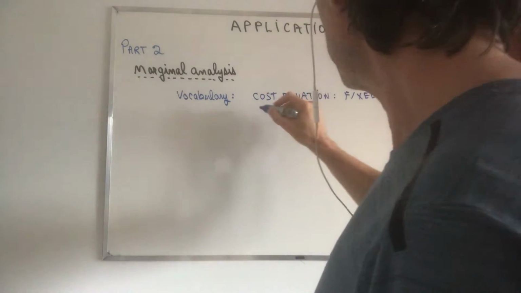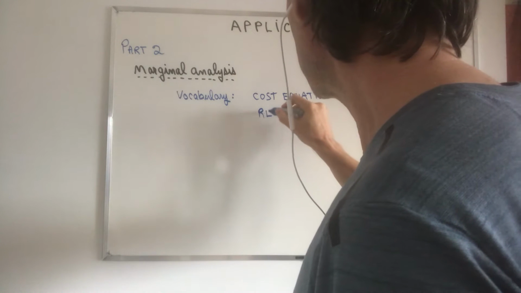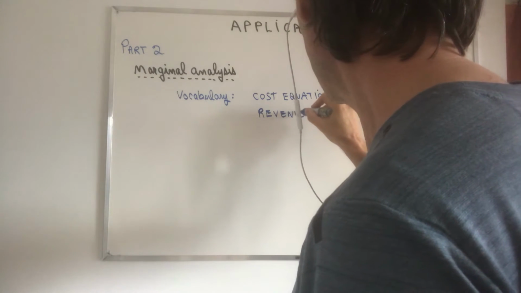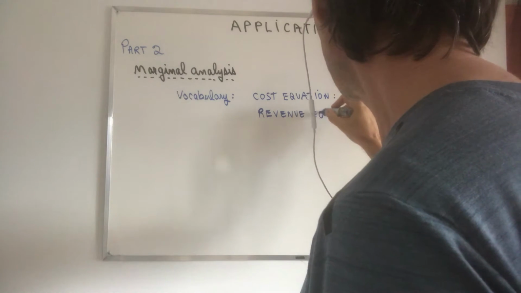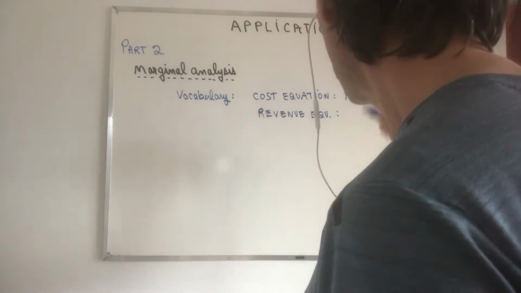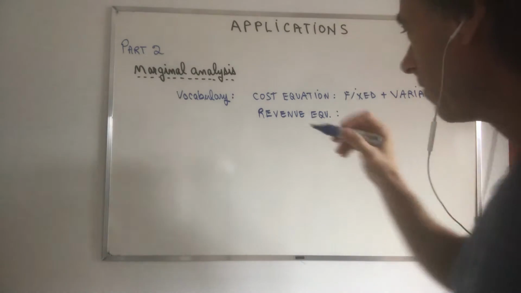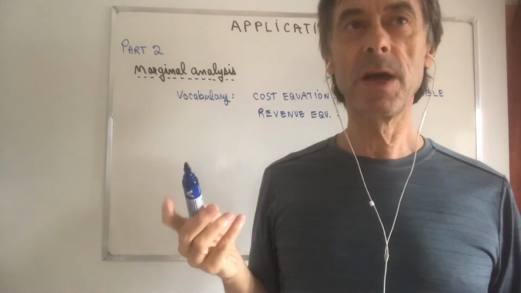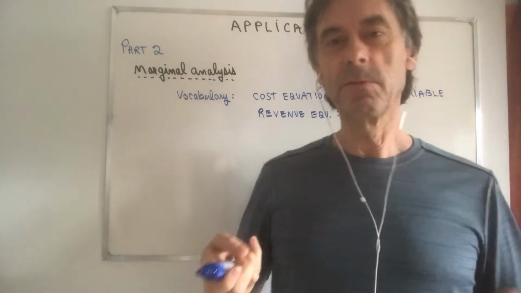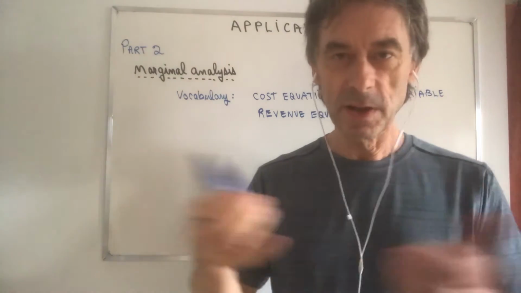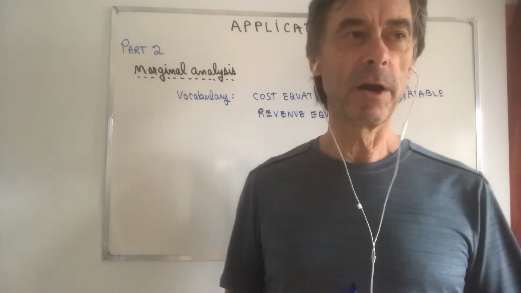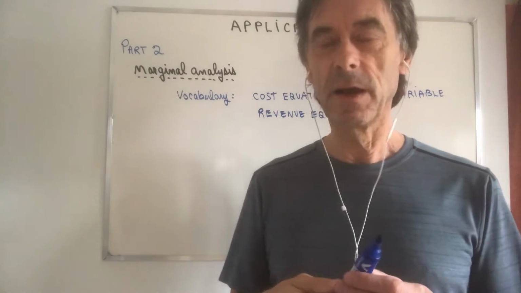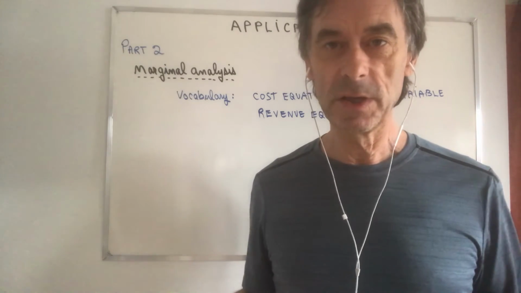So cost equation, we also have a concept called revenue. So we will have a revenue equation as well. How should we define revenue? Suppose that you have one of these little carts that you roll into the park and you sell ice cream to the people that are in the park. Suppose you have 200 popsicles in there and you sell them $5 each.